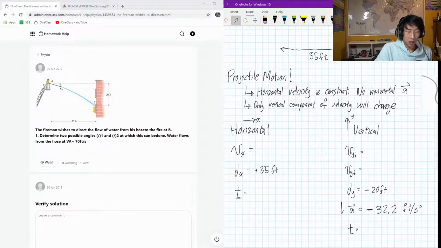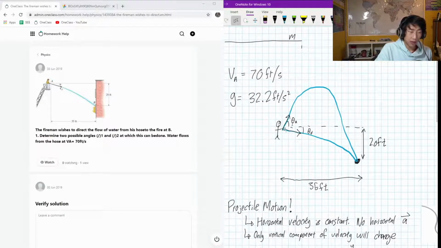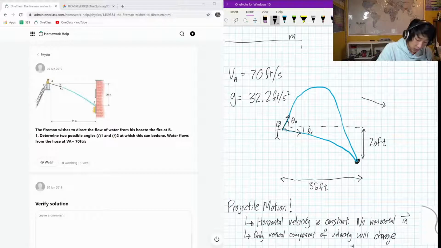Another thing that we can keep in mind here is that our initial velocity is going to be determined by our angle. If we have this situation and this is our velocity, we know that we're going to have our Vx this way and our Vyi this way.